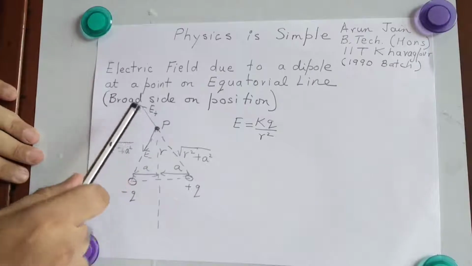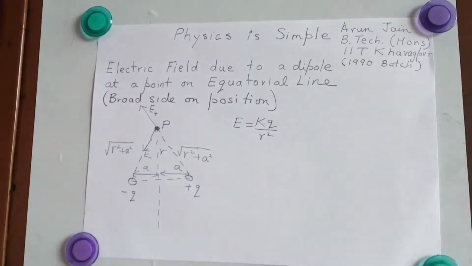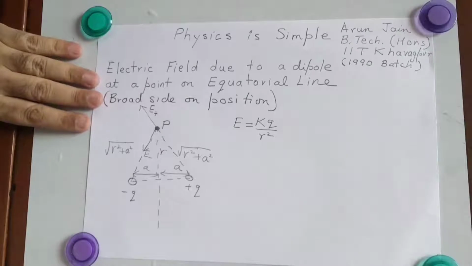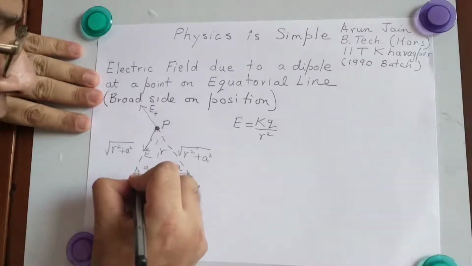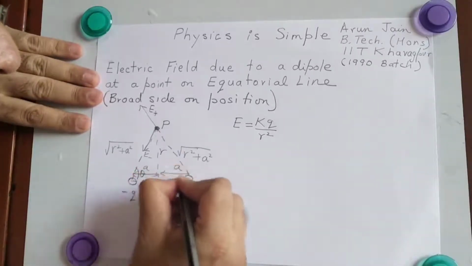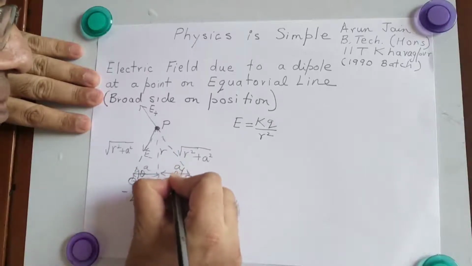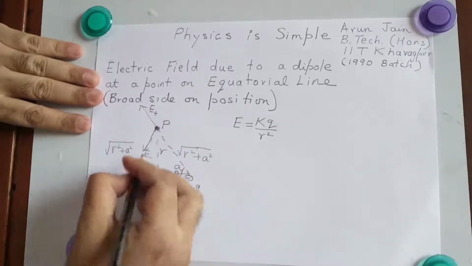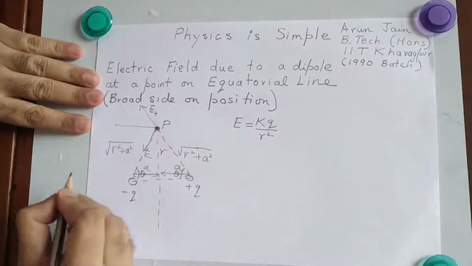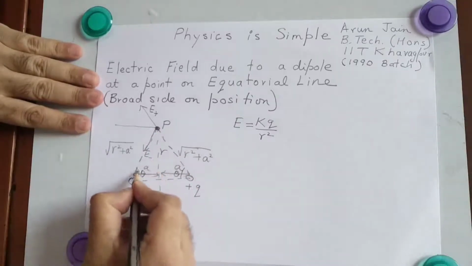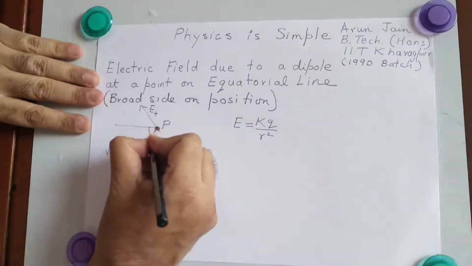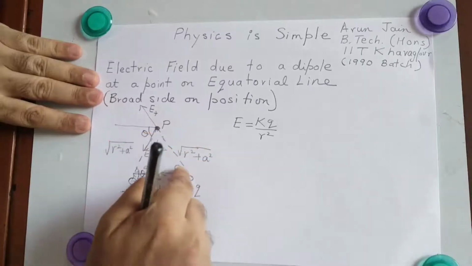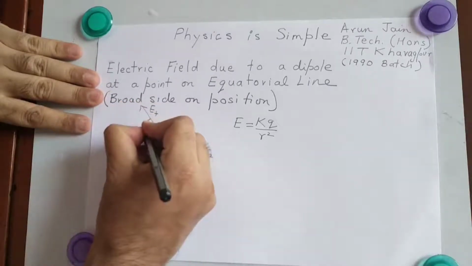So both these electric fields have the same magnitude, kq by r square. Now if you call this angle theta, this will also be theta. And if you draw a horizontal line here, then these are alternate angles, so this will be theta. And these are corresponding angles, so this will also be theta.